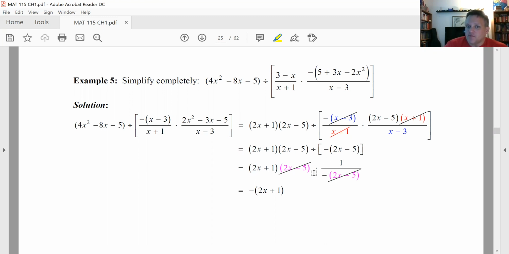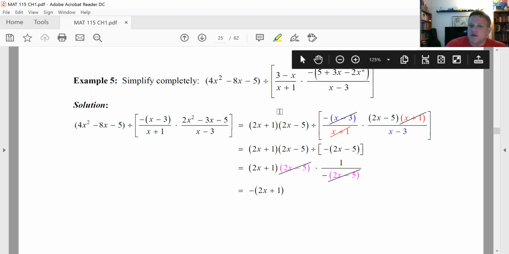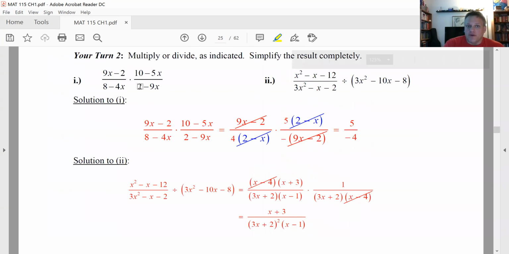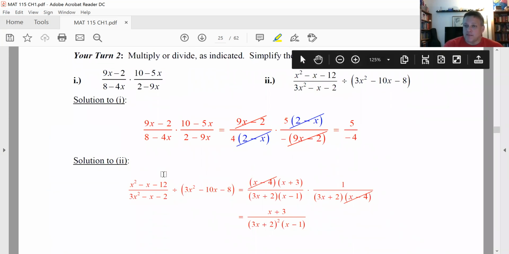And so I get this product. Those 2x minus 5s are common to both, and so that -1 can then be put in front of here as a factor. So it looks a little bit more complicated than the other ones because you have more than just two fractions being multiplied or divided, but that's where order of operations kicks into play. And so if you take it one step at a time, they all resemble what you do up here, just with more steps to simplify the entire expression.